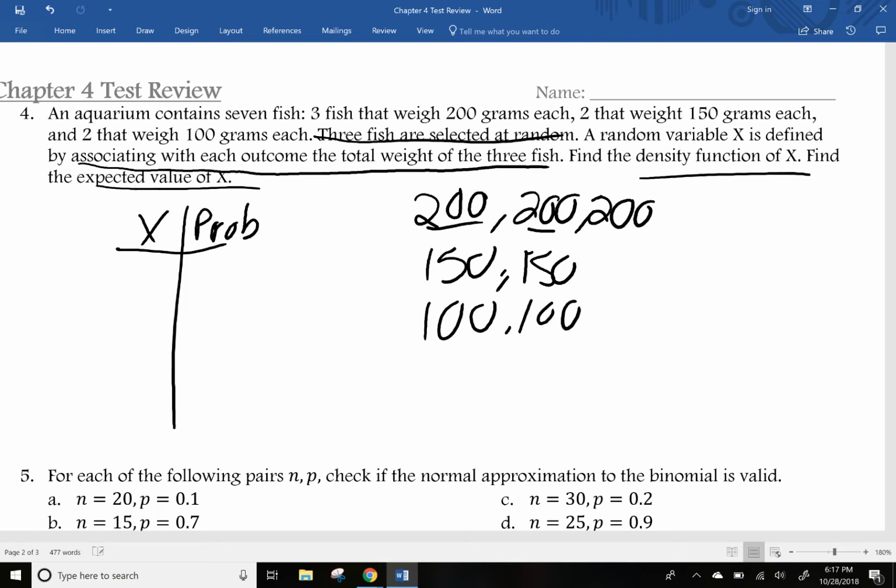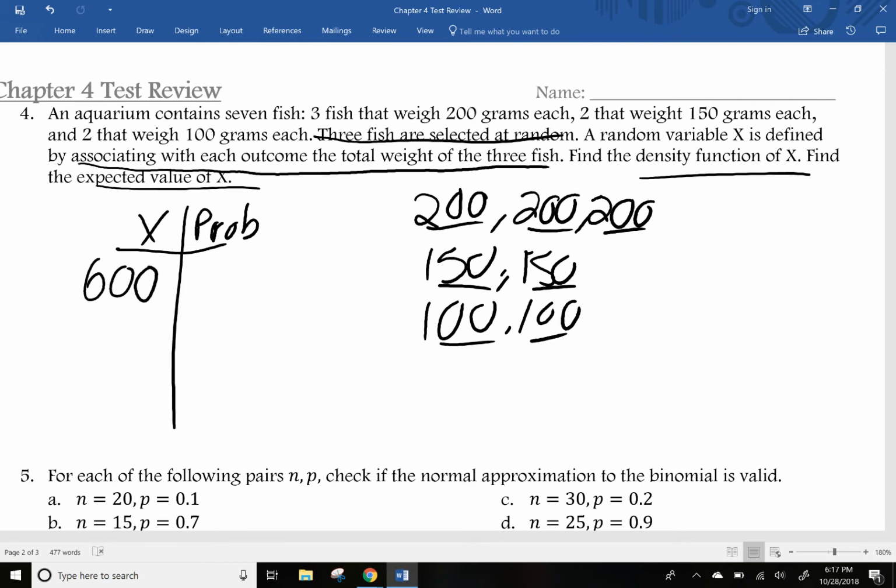So these are the 7 different fish weights. I could choose all 3 that are 200. If I do that, that's a total weight of 600 grams. So 600 is one total weight.